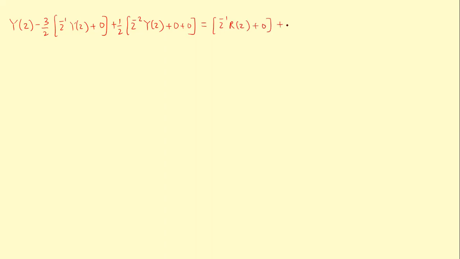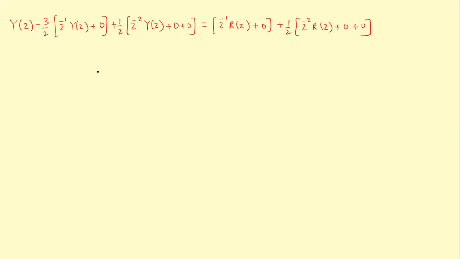So we have yz minus 3 by 2 z raised to the power minus 1 yz, and then we have a 0 value here, then 1 by 2 z raised to the power minus 2 yz, and then we have 0 value, and then again 0 value is equal to z raised to the power minus 1 rz and a 0 value, plus 1 by 2 z raised to the power minus 2 rz plus 0 and 0, right?